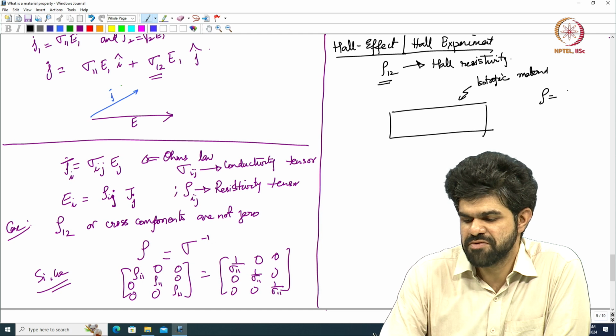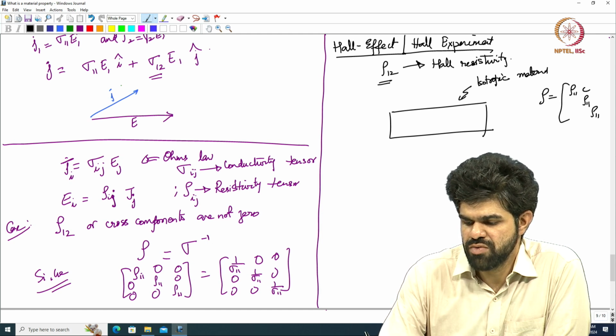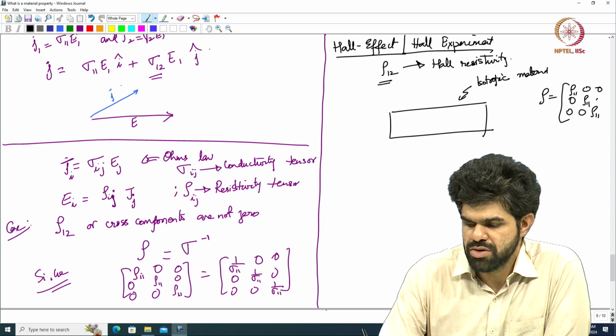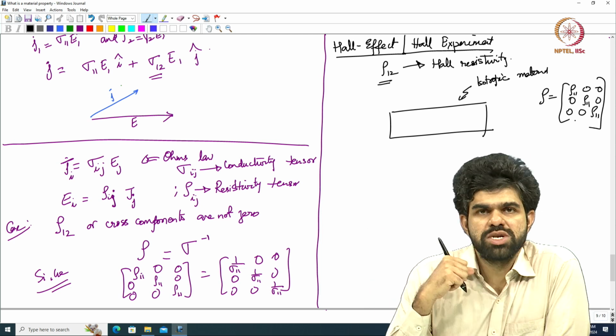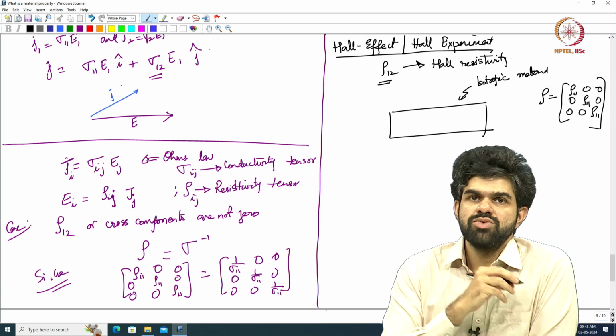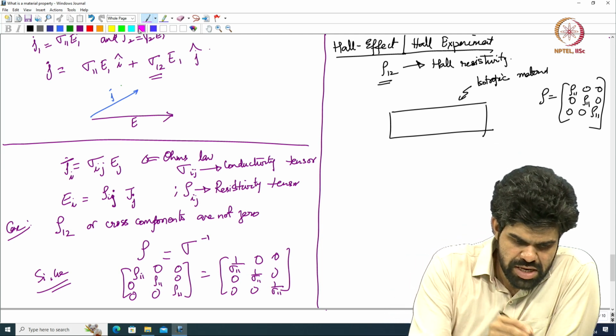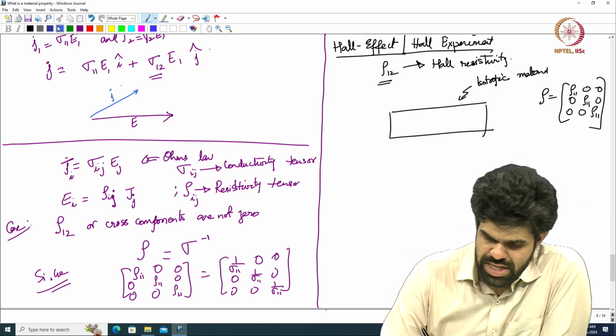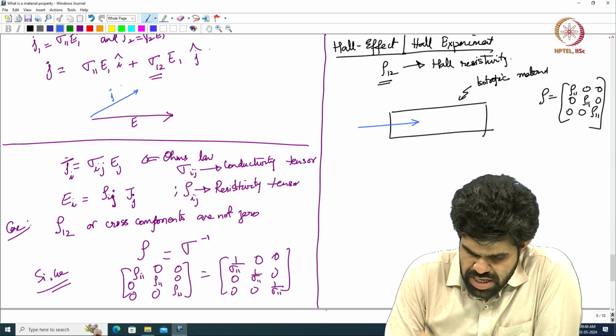The rho matrix, the rho tensor of this, is just rho 1 1, rho 1 1, rho 1 1, only diagonal elements, there are no off-diagonal elements. So, that is an isotropic material. Okay. To start with, I am going to assume that this is an isotropic material. Into this material I am going to send in some current in this direction.